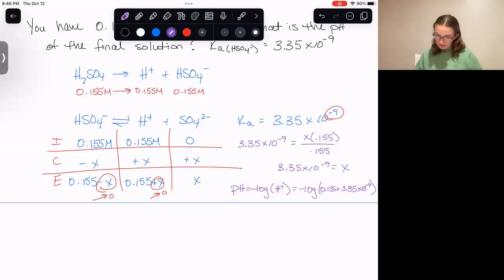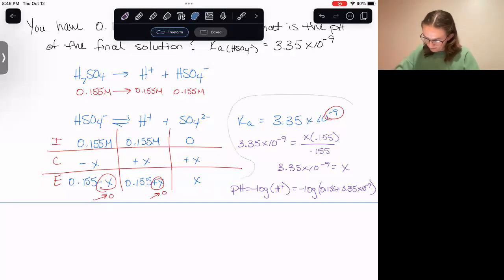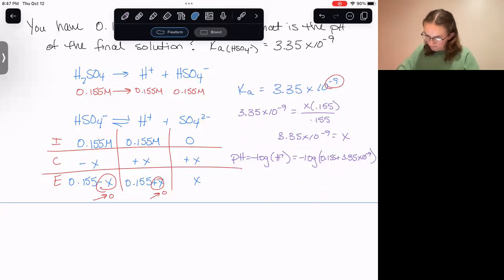I don't know what that is. So I get that pH is equal to 0.81.